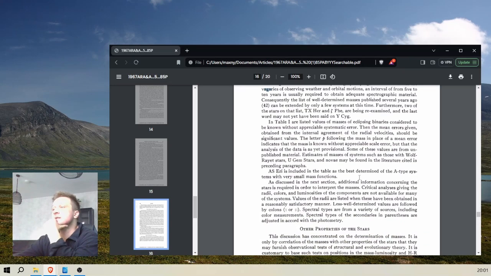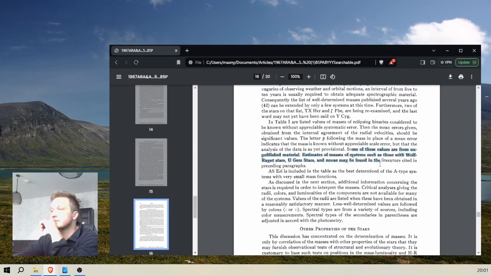In table 1 are listed values of masses of eclipsing binaries considered to be known without appreciable systematic error. Okay. Then the mean error is given, obtained from the internal agreement of the radial velocities. The letter P following the mass, in place of a mean error, indicates that the mass is not without appreciable systematic error, but the analysis of the data is as yet provisional.